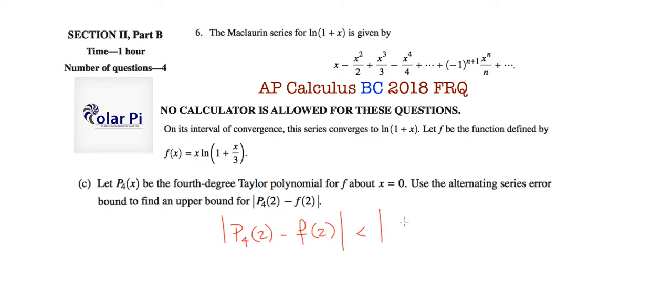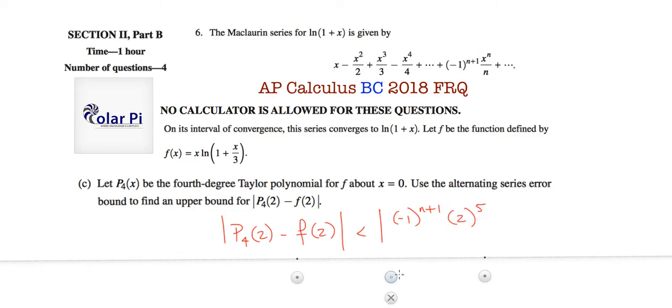So that's the absolute value of (-1)^(n+1), and it would have been x^5, so 2^5, because x is 2, and then divided by our denominator, which was 4 times 3^4, right?